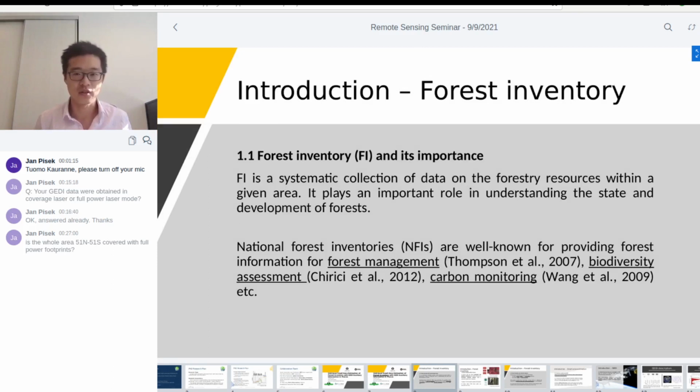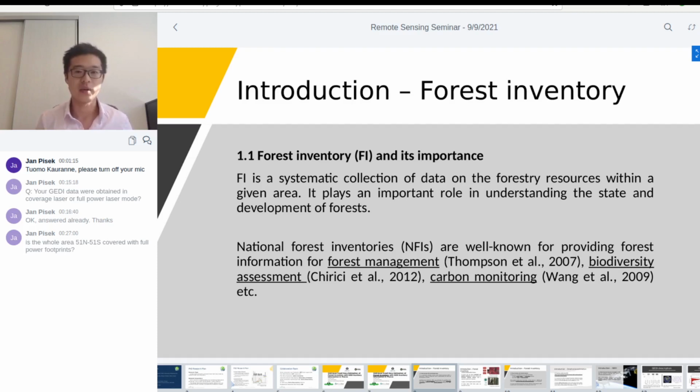And national forest inventories are very well known. They have many benefits that you can find in previous literature, such as they provide information for forest management, and also it's helpful for biodiversity assessment, and also carbon monitoring, etc. But there are also issues with forest inventory as well.